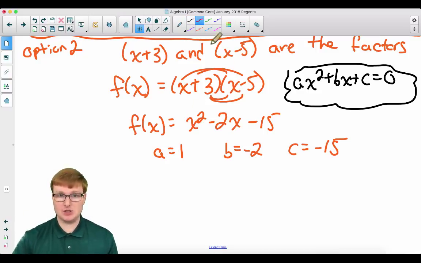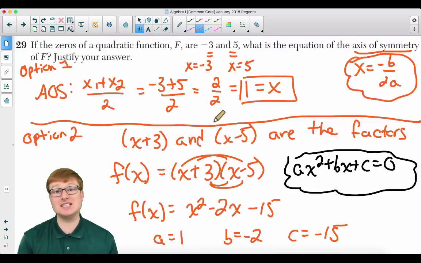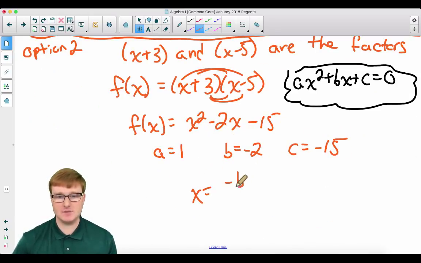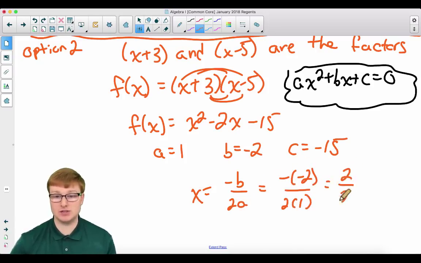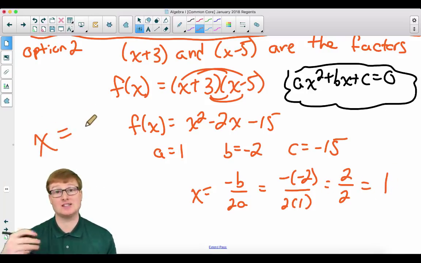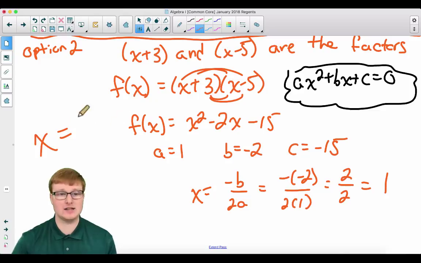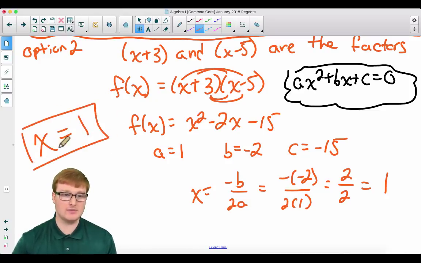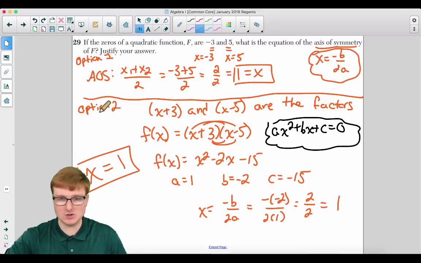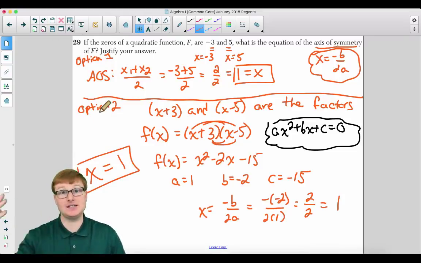The axis of symmetry formula is -b over 2a, so simply plug in the numbers. x equals -b over 2a, which is -(-2) divided by 2 times 1, which is 2 over 2, which is 1. So the axis of symmetry is x equals 1. Make sure you write x equals 1, not y equals 1. And that's how you do it.